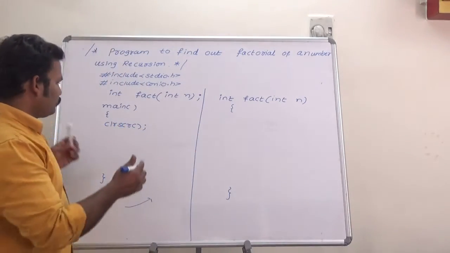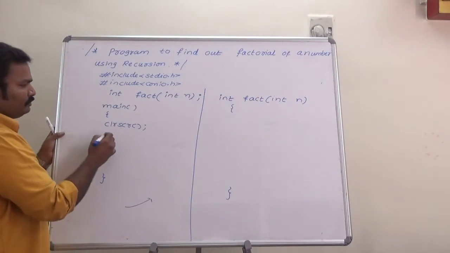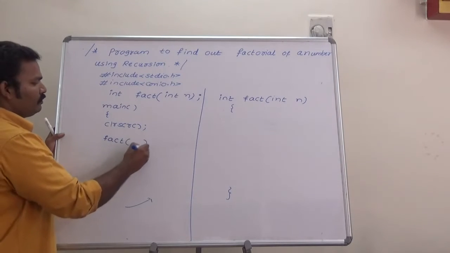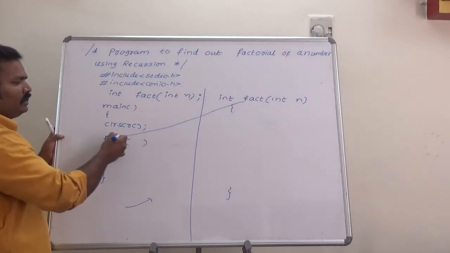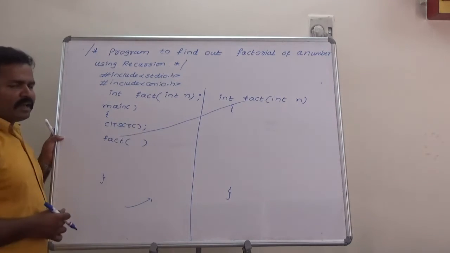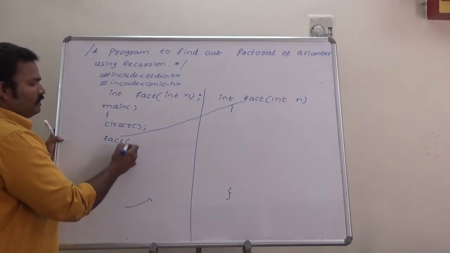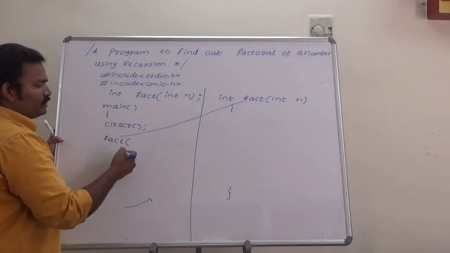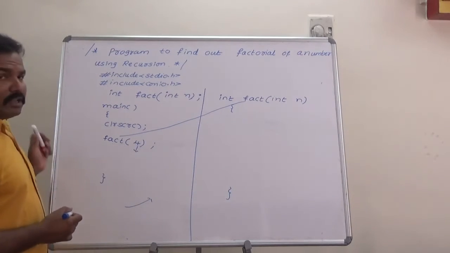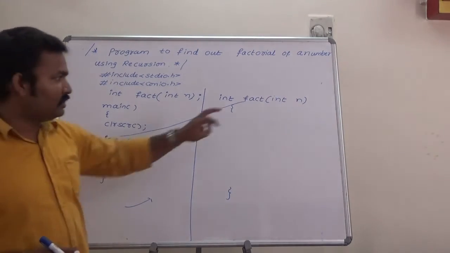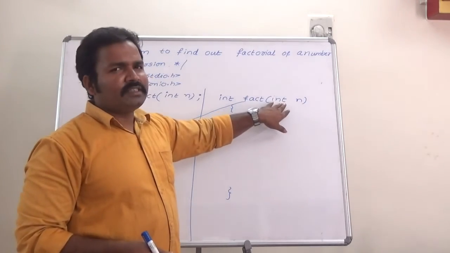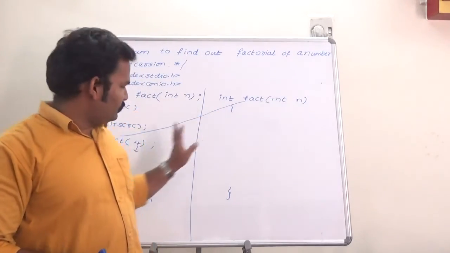Now I am calling that function. A function can be called by using the function name followed by a list of parameters enclosed within parentheses. While calling the fact function, I am passing one value as an argument. This is the actual argument, and this is the formal argument. These parameters are used to receive data from the calling function.